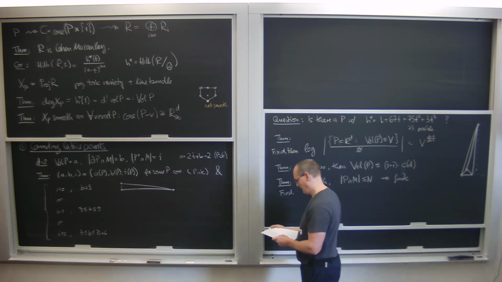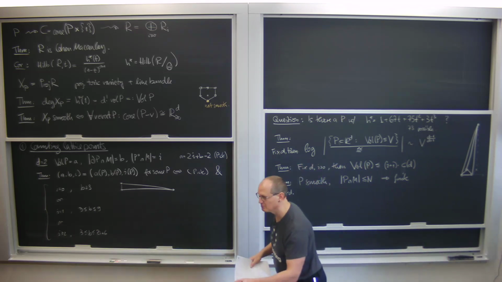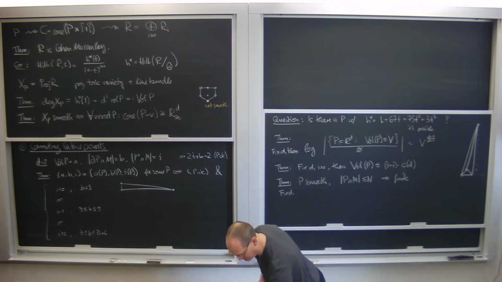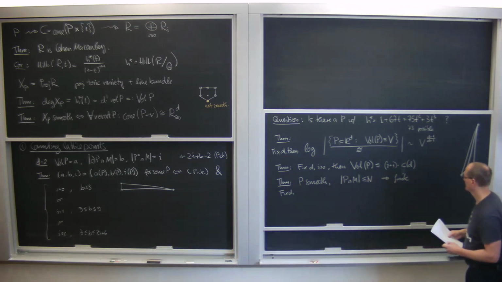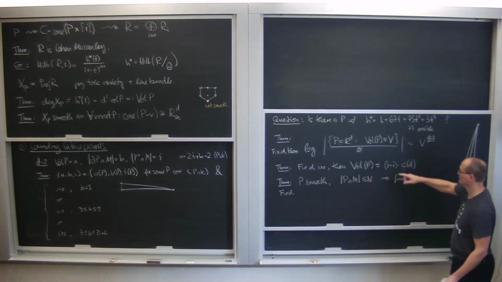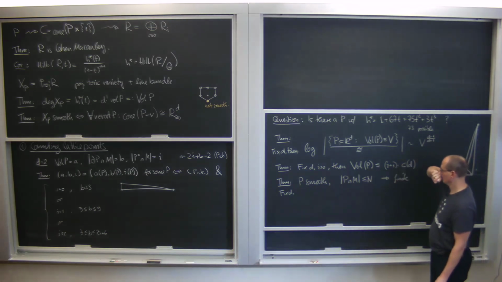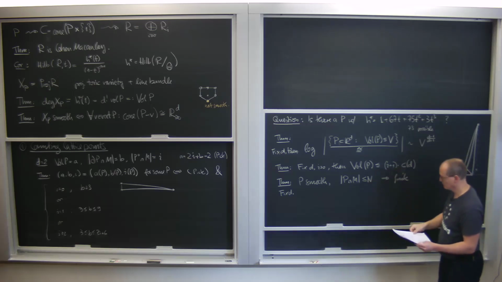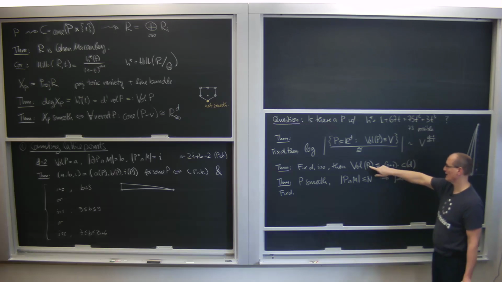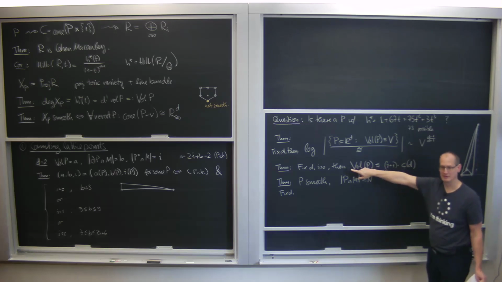This is true, and I was going to give you numbers, but in view of time, I'm not going to give you numbers. There's classifications. For D equals 3, for i equals 1 and i equals 2 have been classified.